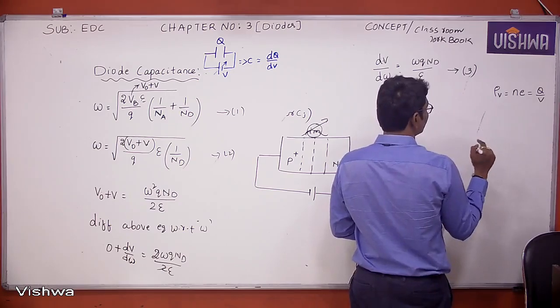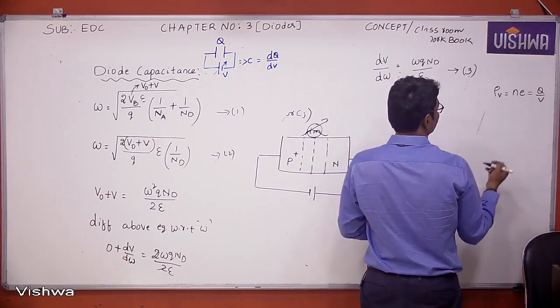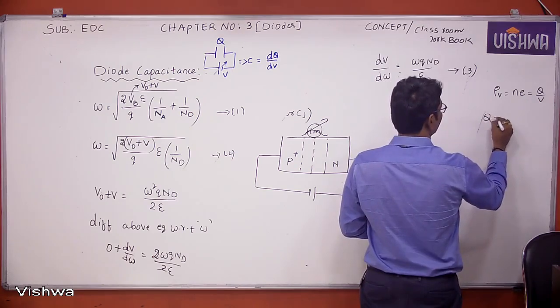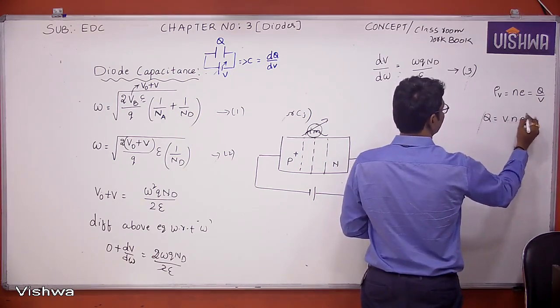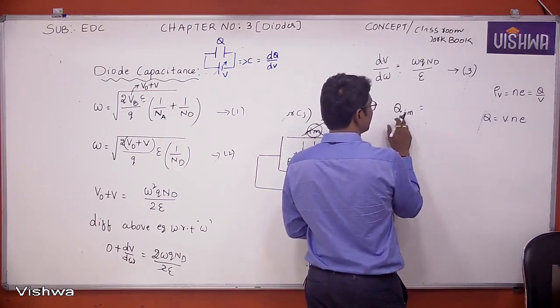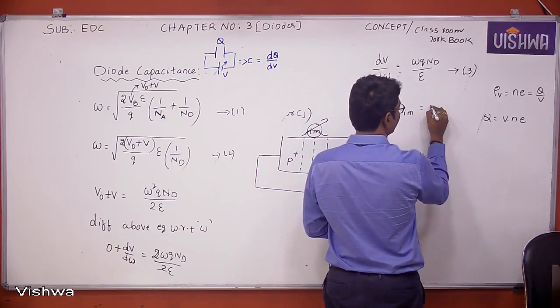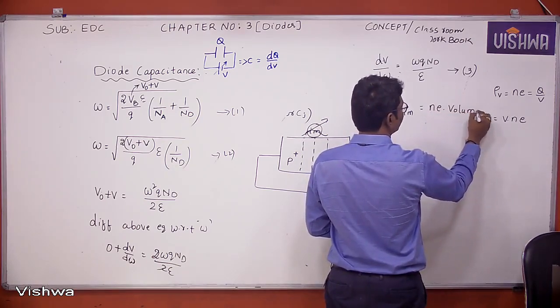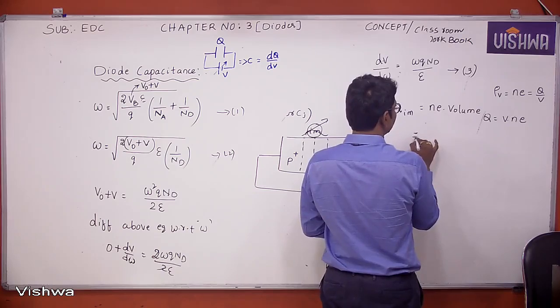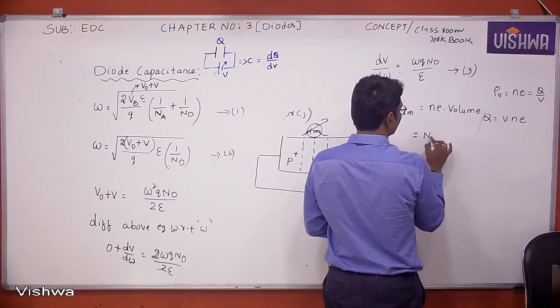But here we want the charge per unit area. So Q equals rho v into volume, that is N into E into volume. So the immobile charge in a depletion region is given by N into E into volume. What is this N here? This N is nothing but Nd.